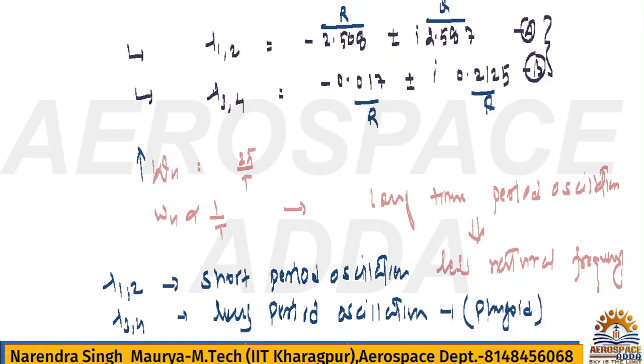So first calculation you have to perform for the short period oscillation. And one more thing you can understand: why will it be short period oscillation? It means you can say that oscillation will have a very high damping value. Damping is basically defined as continuous reduction of amplitude.